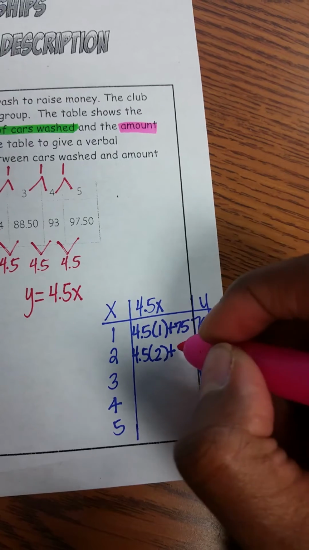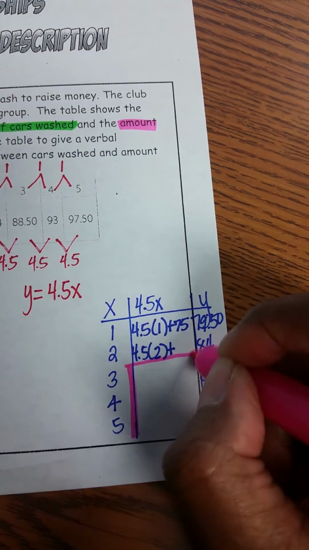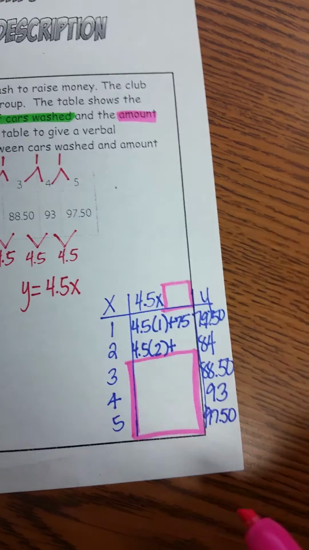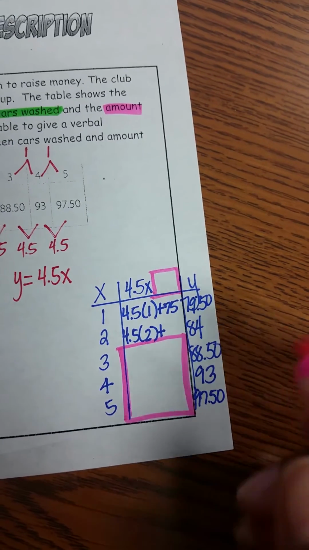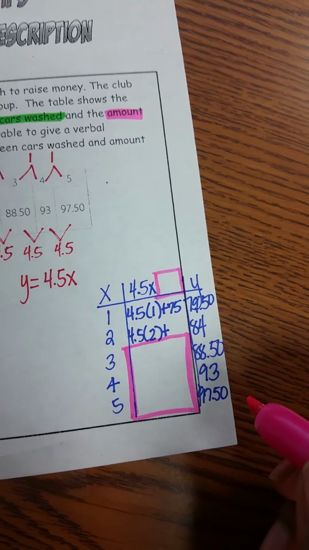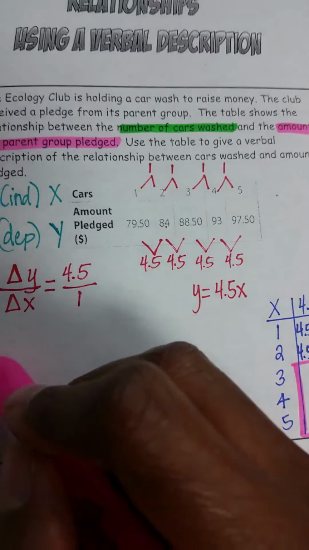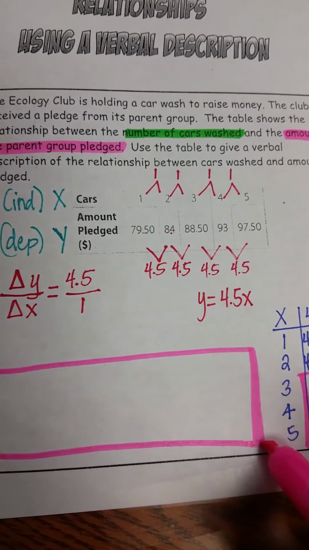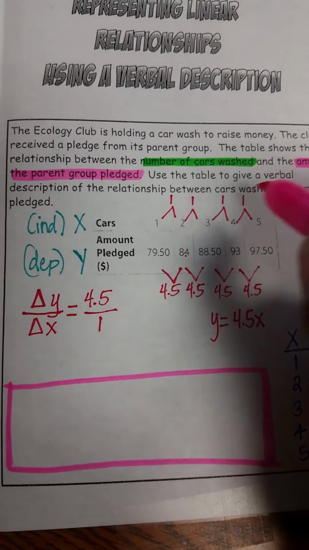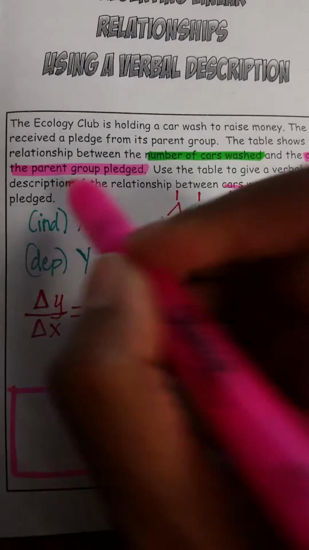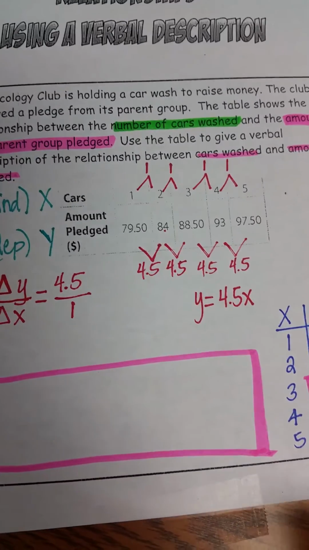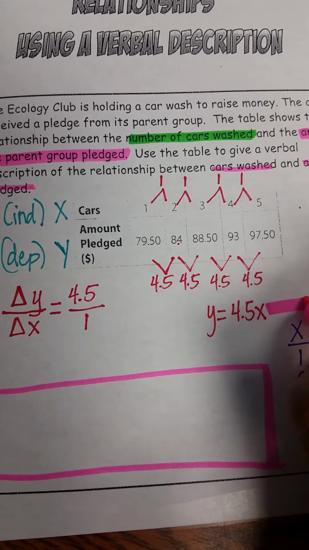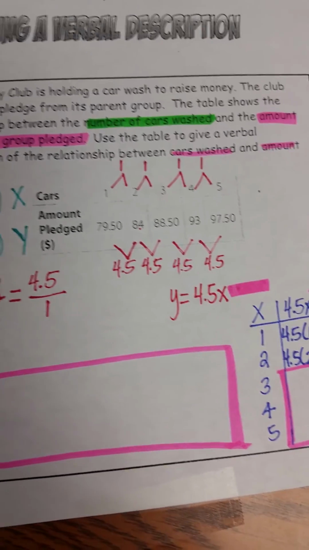I want you to finish this part here and write the other part of this here. And I want you to give me a sentence that gives the relationship between the cars washed and the amount pledged. I want you to have that completed and the rest of this equation here for class tomorrow.